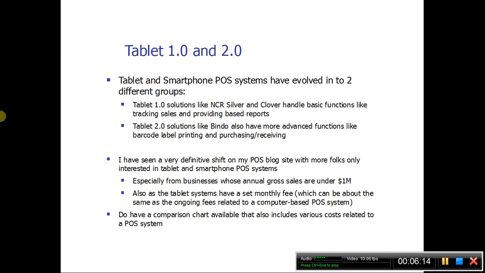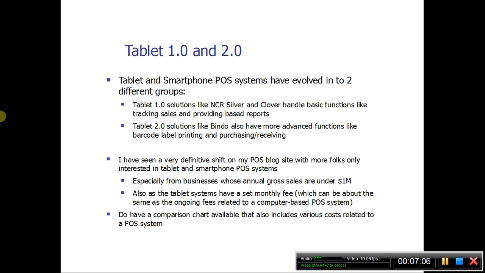The initial mobile point of sale systems like NCR Silver and Clover have been coined the 1.0 solutions, because they do a little bit more than what a traditional cash register does, handling things like tracking sales and providing basic reports. 2.0 solutions like Bindo point of sale are closer to being true point of sale solutions, meaning that they handle more advanced things like barcode label printing, purchasing, receiving, more detailed reports on things like product sales, customer purchase history, just more details and more functionality than what the 1.0 solutions offer.